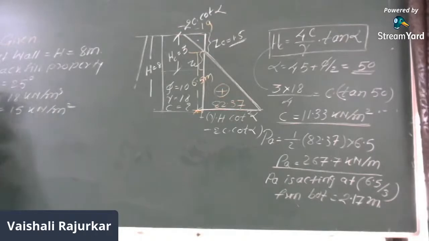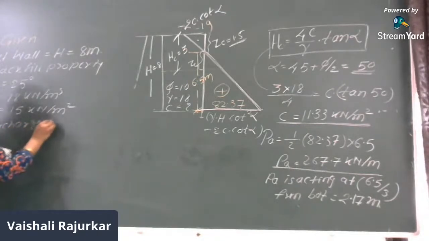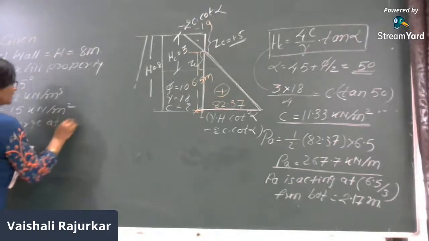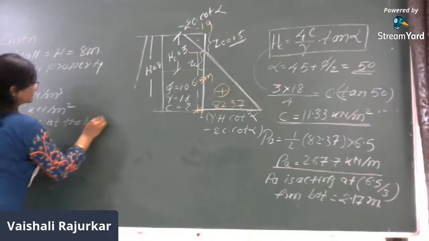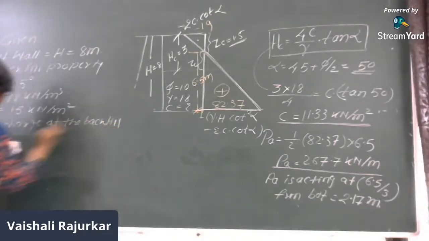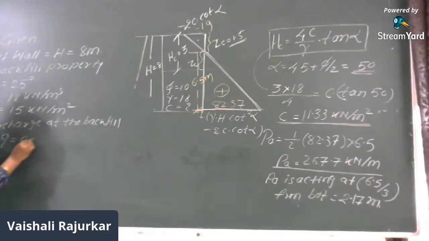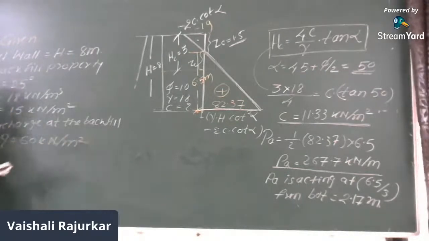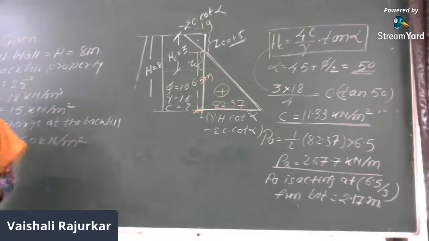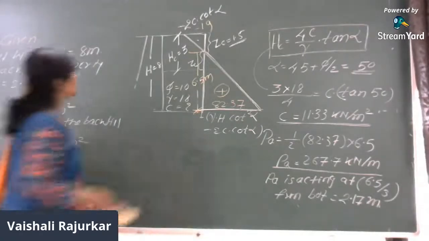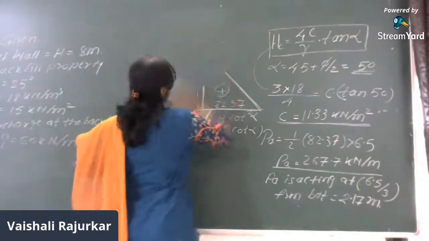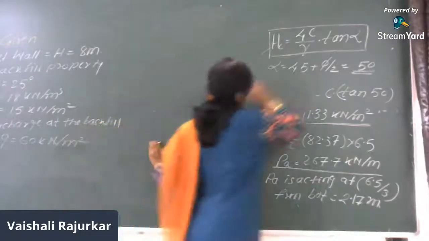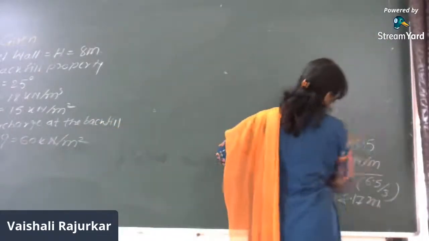And here the surcharge load is given. Surcharge above or at the backfill. That is, Q is given as 60 kilonewton per meter square, which is placed over the ground level or the horizontal surface of the wall. So in this problem, what is the difference from the previous one?